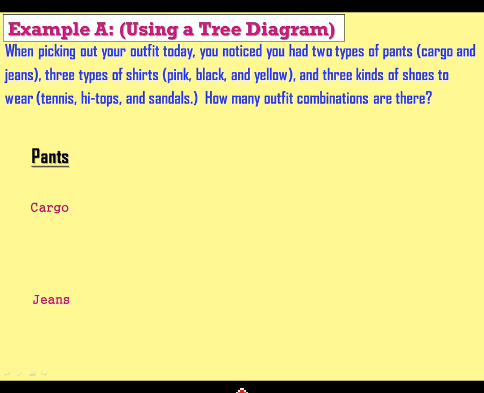So let's branch it off into the shirts. Now, how many shirts are there? There's three kinds of shirts. So we're going to draw three branches coming out of cargo. And what are the types of shirts? There's a pink, there's a black, and there's a yellow shirt. And the same can be said about jeans.